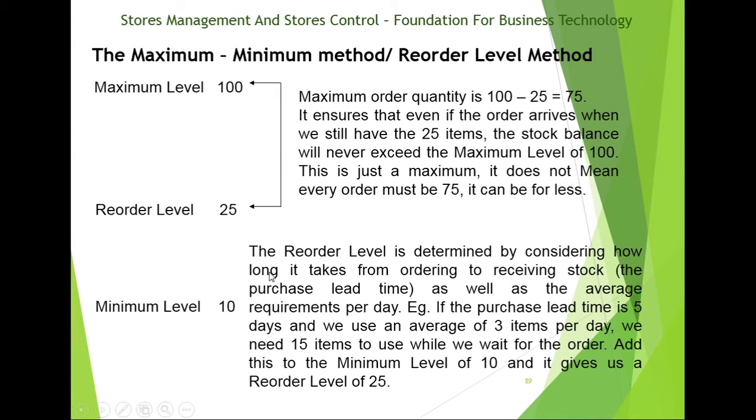So these levels, they are not just guesses. You actually calculate them. You determine them from the lead time of your supplier, so that by the time they deliver the order, you still are within your safety zone. So this is the maximum, minimum, or your reorder level method.